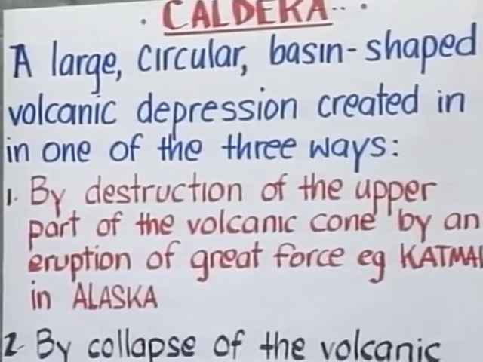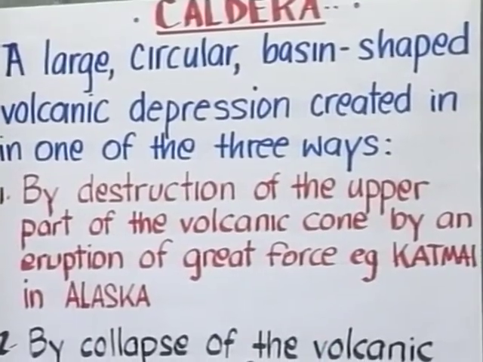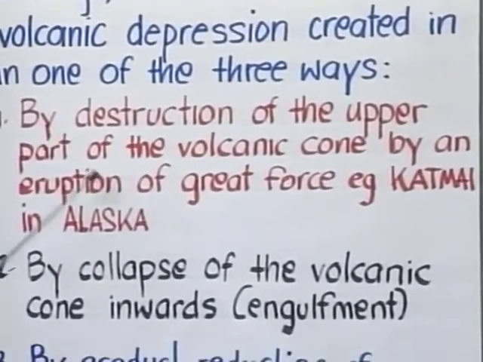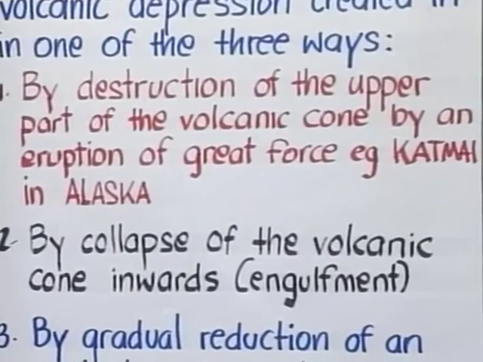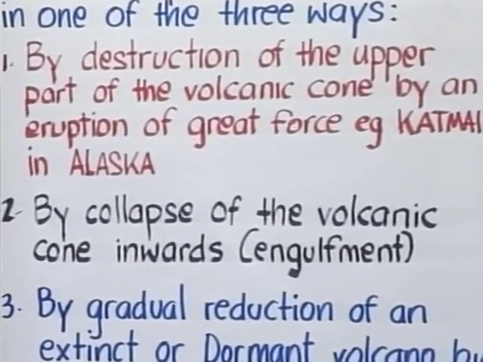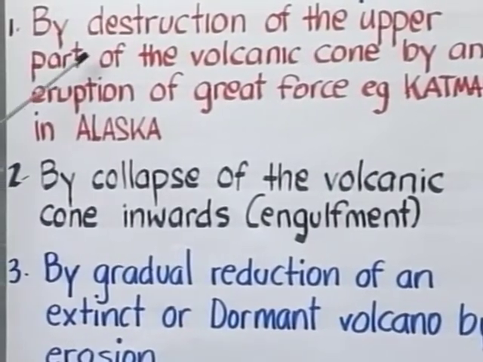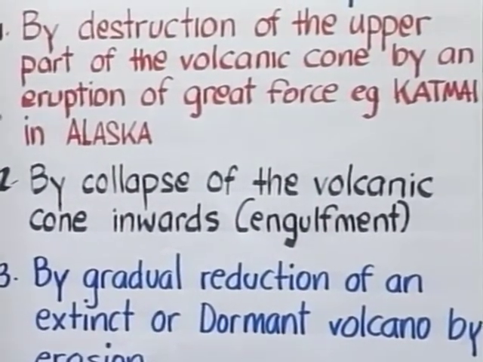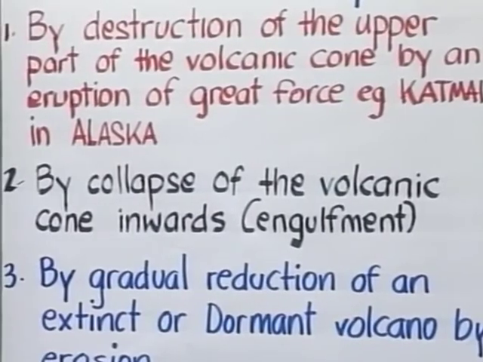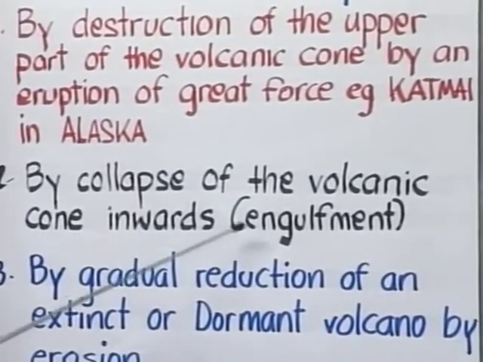A caldera can be created by destruction of the upper part of a volcanic cone by an eruption force. In other words, the top part of the volcano gets to be blown off, resulting in a depression, giving us a caldera. It can be created by the collapse of a volcanic cone inwards, or engulfment.